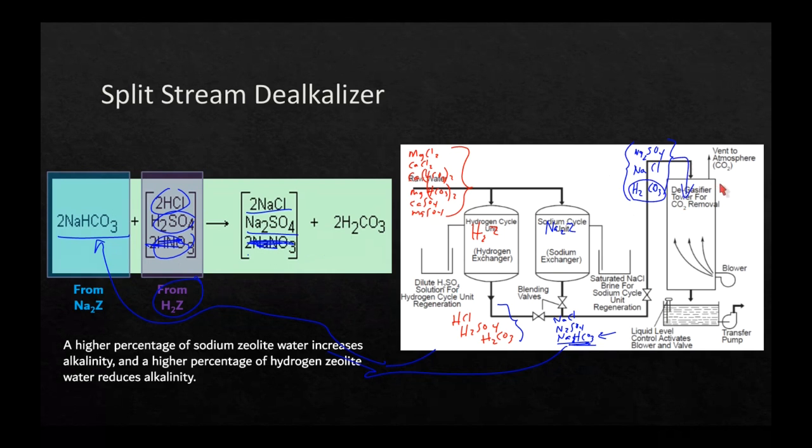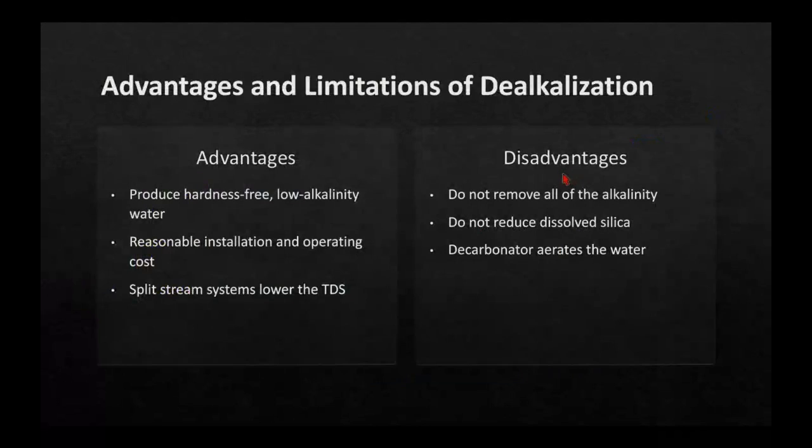The carbonic acid decomposes because it's unstable at atmospheric pressure. So it vents to atmosphere as CO2, and then really what we get is just water plus these dissolved solids, which aren't a problem for us. Okay, so there's our little recap reminder about what's going on with the split stream dealkalizer.